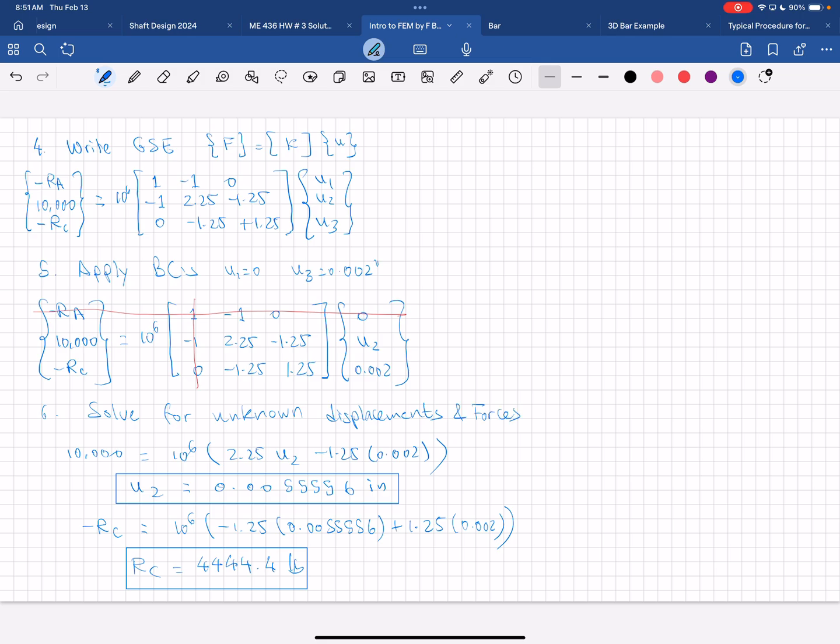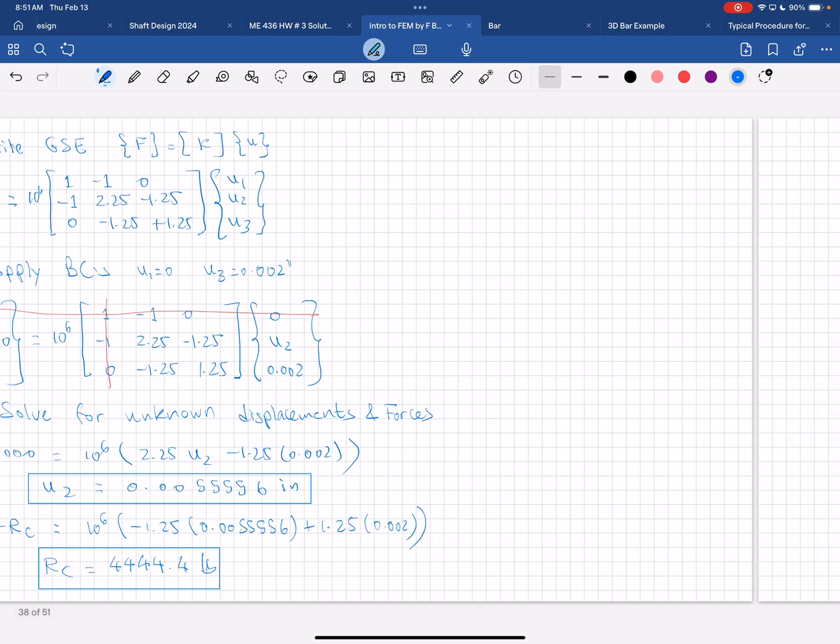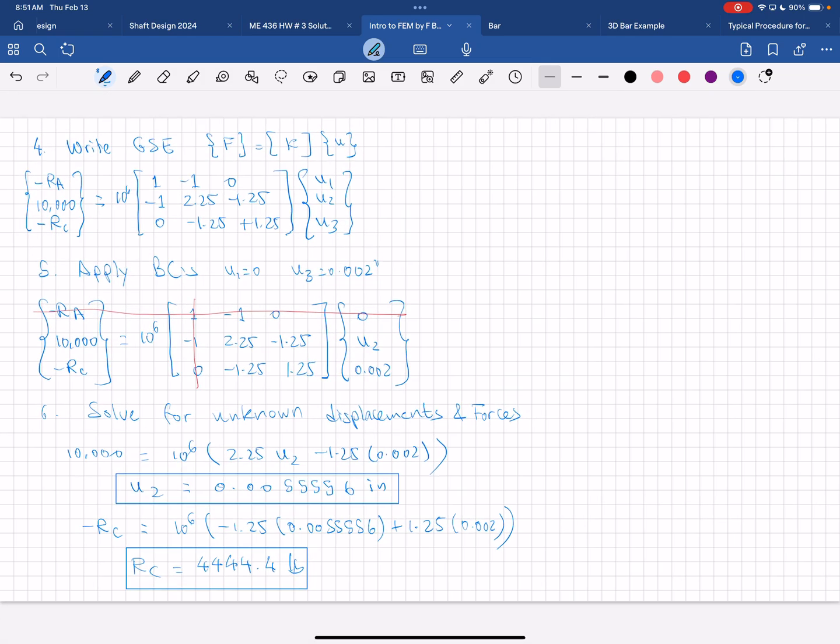Okay. I can use equation 1 to solve for RA. So RA is equal to 10 to the power 6 multiplied by minus 1 times U2, which is 0.0055556, plus 0 times 0.002.